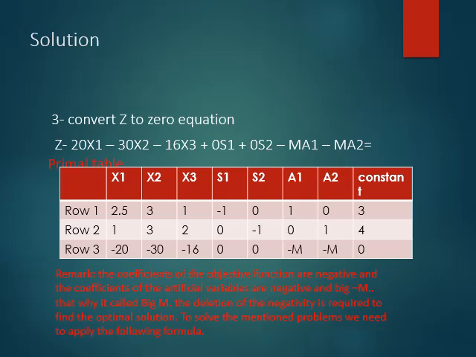To solve this problem, we need to apply the following formula. What does that mean? If we are planning to find the optimal decision, the negative values in row 3 must disappear.